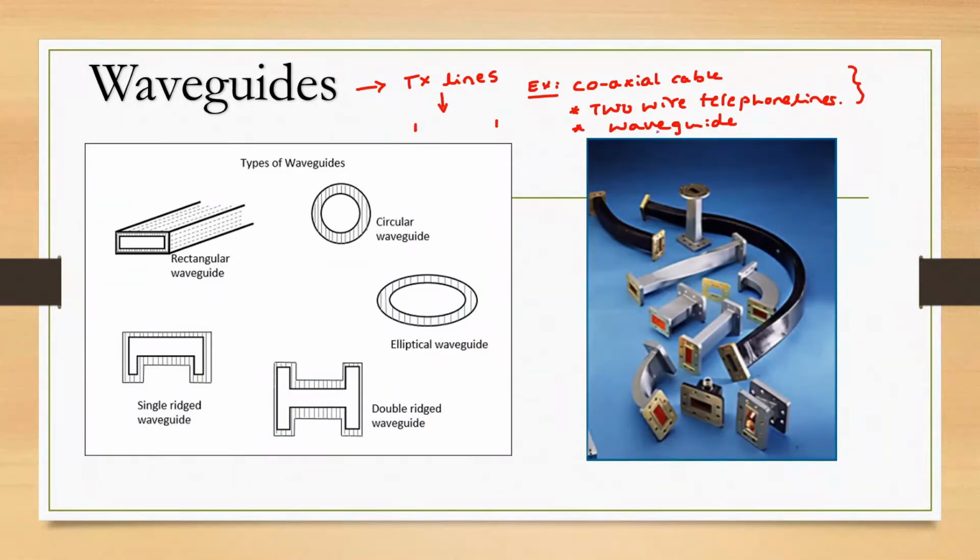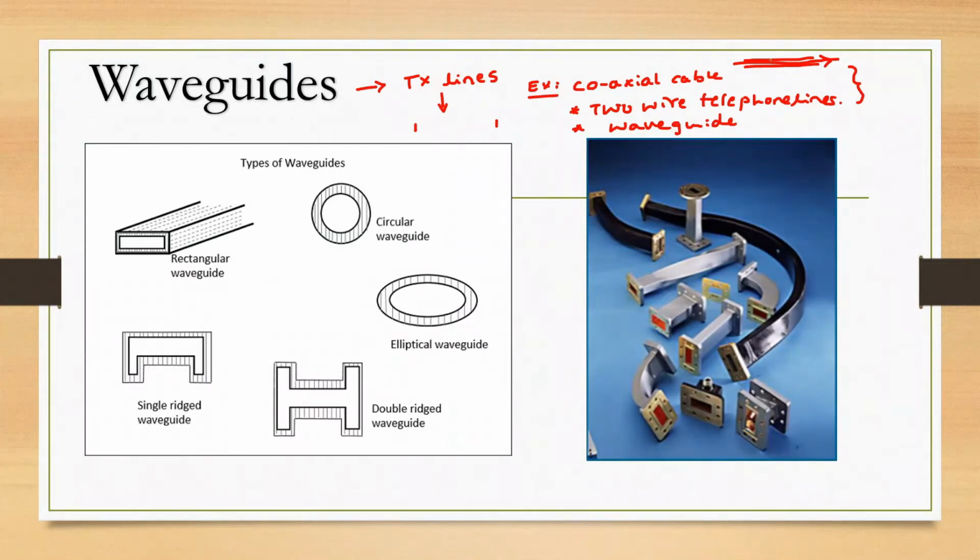Coaxial cable and two-wire telephone lines are designed to have a center conductor. If you see a wire, there will be a coating, and inside this there will be a conductor.